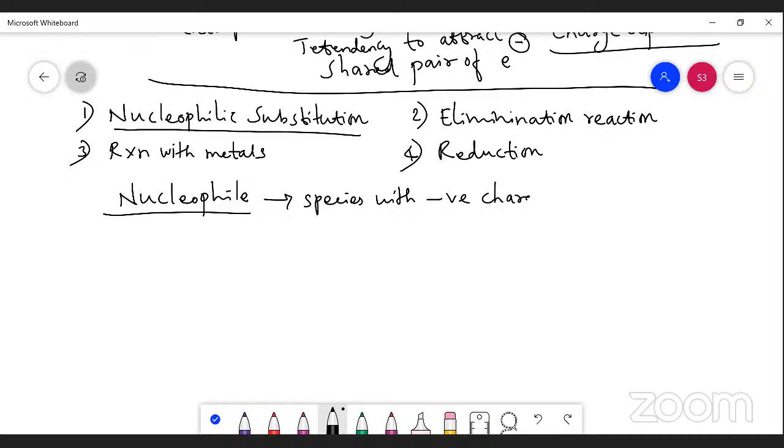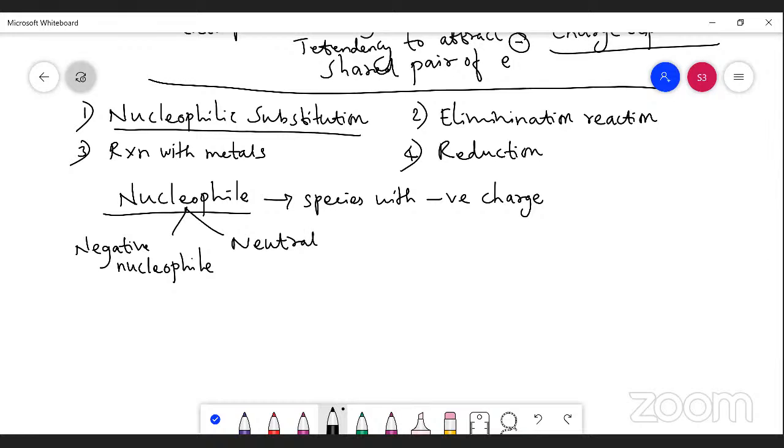There are 2 types of nucleophile. One is a negative nucleophile, and the next one is a neutral nucleophile.